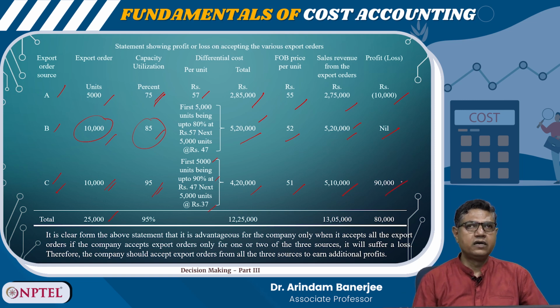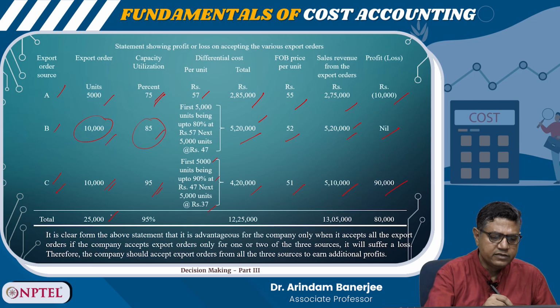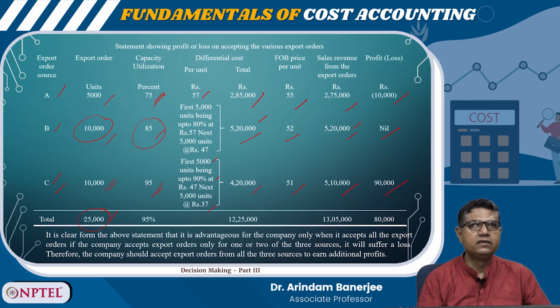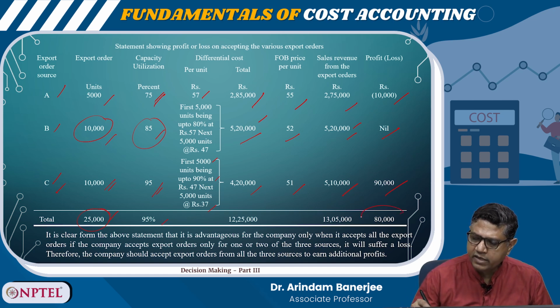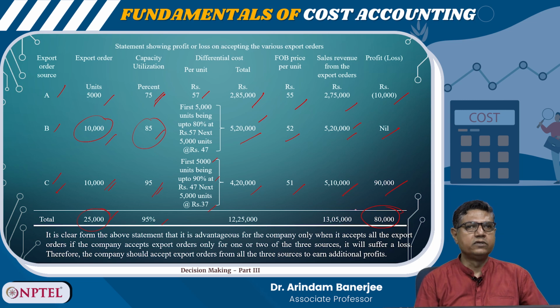So, if we consider the total export order of 25,000 and capacity utilization goes to 95%, then my profit is coming to 80,000. It is clear from the above statement that it is advantageous for the company only when it accepts all the export orders.